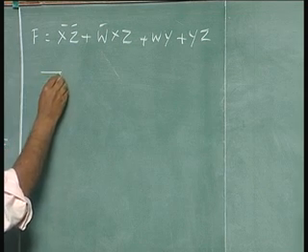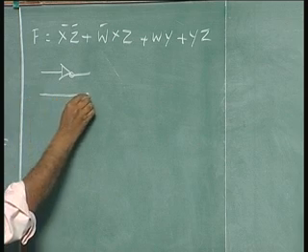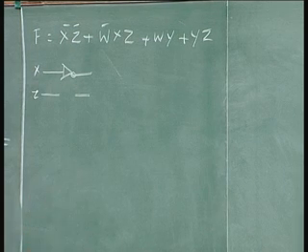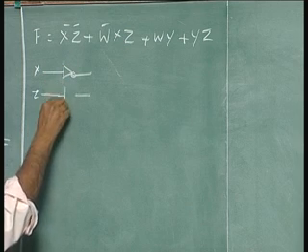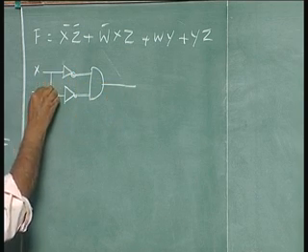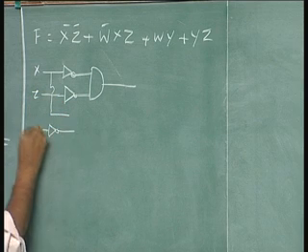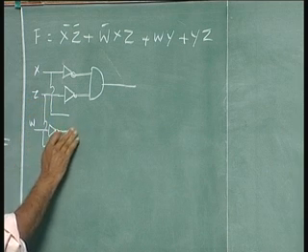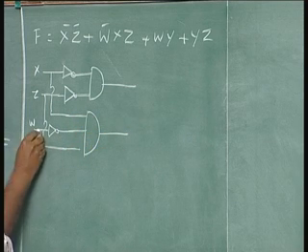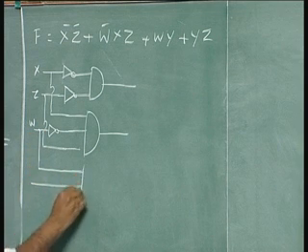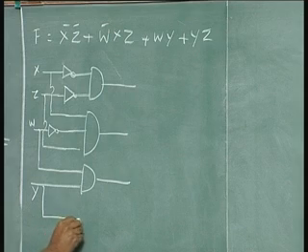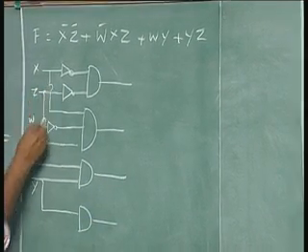So, we have X, Z, and X again, W, Z, the second term; the third term is W, Y, and the fourth term is Y, Z. Z has to come from here, which is here.